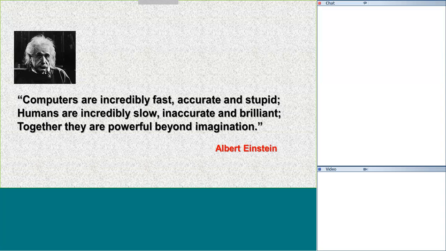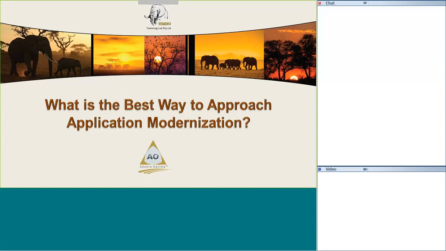I'm going to come back to these. I'll pop these up every so often just to remind you of where we're going with this modernization, because it's not an easy process. Right, here's a question that I get asked about every time I speak to somebody about modernization, application modernization: what is the best way to approach application modernization? At the moment the definition of modernization is not clear to a lot of people.